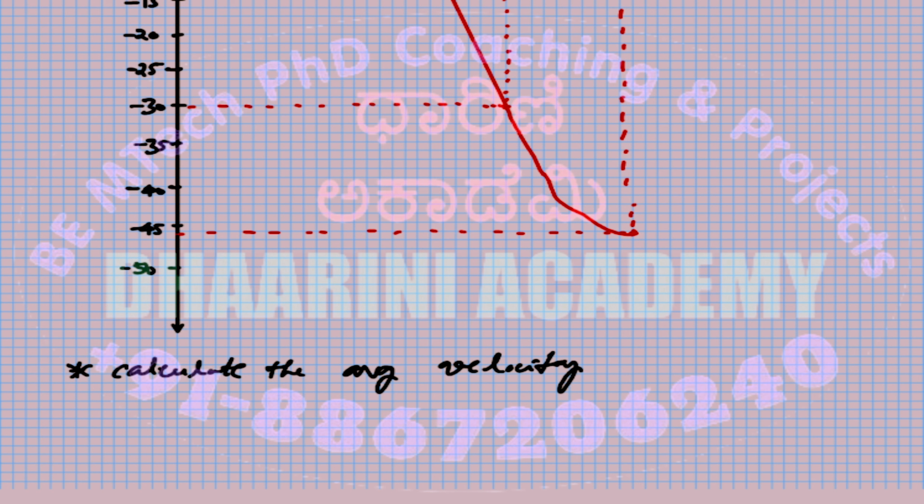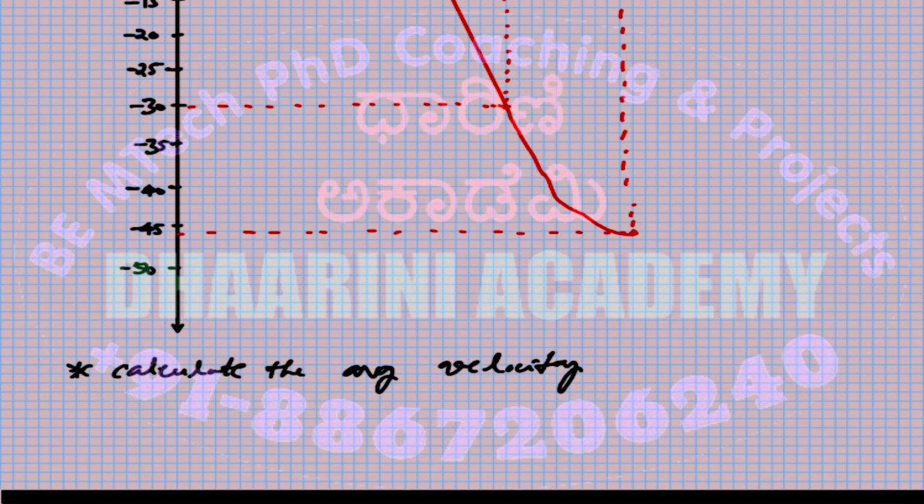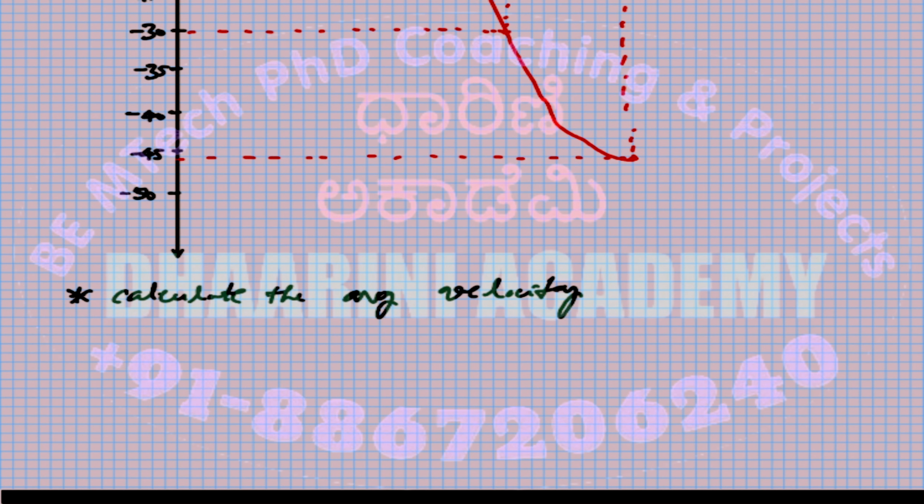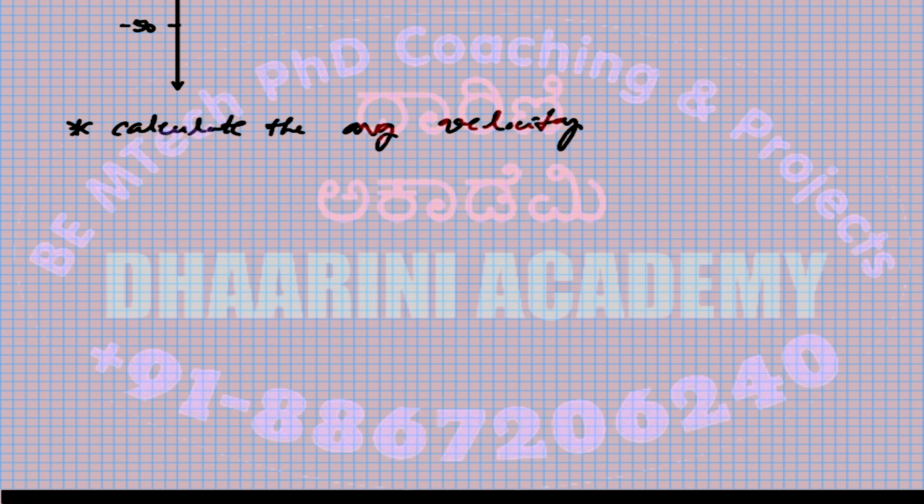Find the average velocity. If you want to calculate the average velocity, my equation should be, let's try to write this. This is V average.